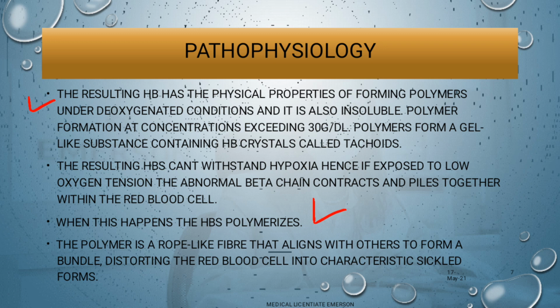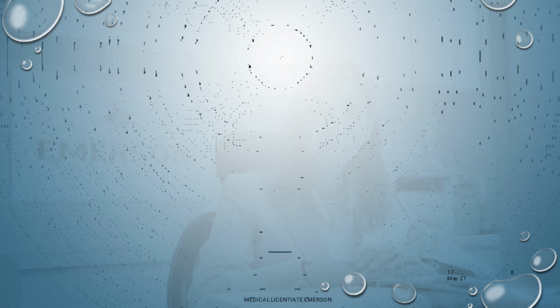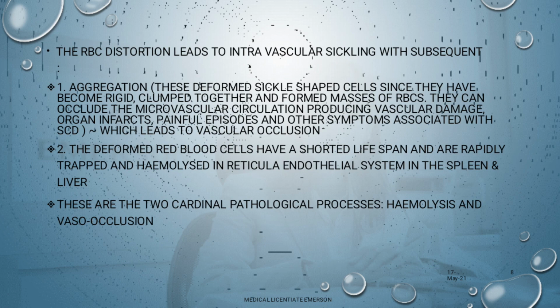The polymer is a rope-like fiber that aligns with others to form a bundle, distorting the red blood cell into the characteristic sickled form. The RBC distortion leads to intravascular sickling, with two consequences: aggregation and hemolysis.